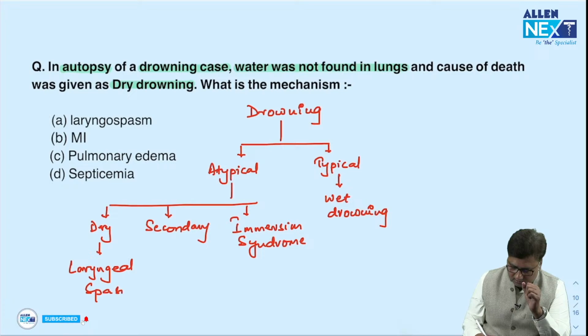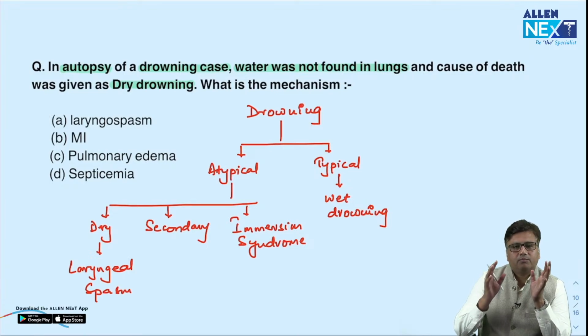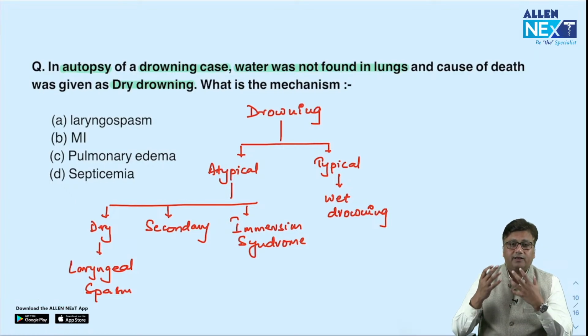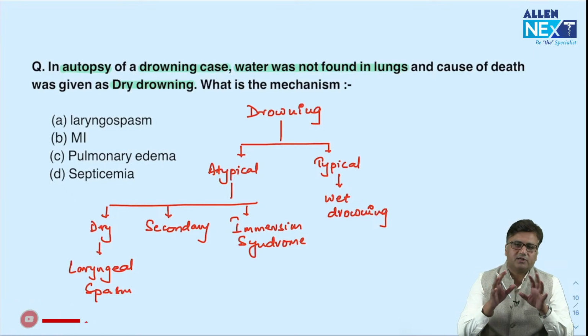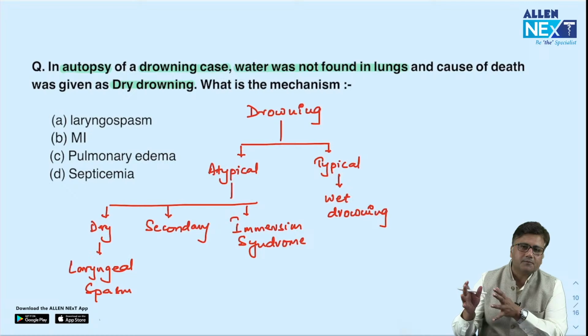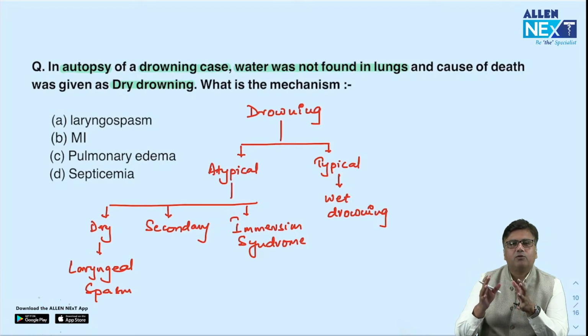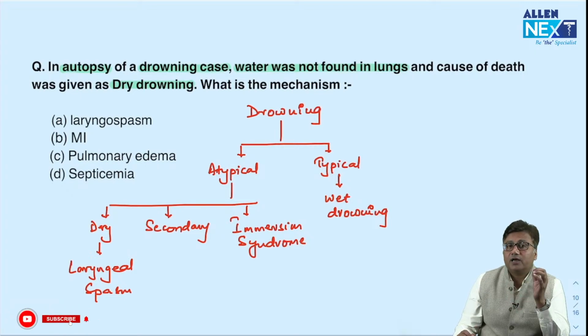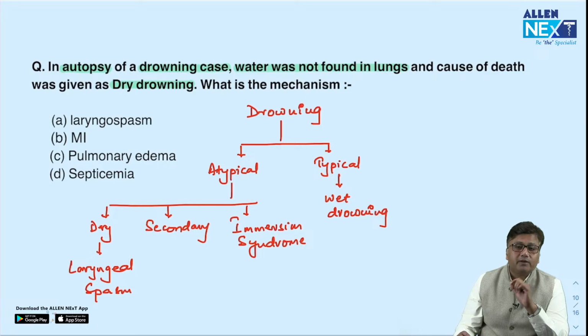laryngeal spasm. Secondary drowning, पर्सन पानी में गिरा बट और वो वाटर इनहेल भी कर रहा था, बट उसको किसी ने रेस्क्यू करके बचा लिया, उसको पानी से बाहर लाया, उसको थोड़ा सा रिसस्टेट किया, हॉस्पिटल में एडमिट करा दिया. ड्यूरिंग ट्रीटमेंट इन हॉस्पिटल्स ही डाइड ऑफ कॉम्प्लिकेशंस ऑफ ड्राउनिंग. रेस्पिरेटरी न्यूमोनाइटिस हो सकता है, पल्मोनरी एडीमा हो सकता है, सेरिब्रल एडीमा हो सकता है बिकॉज ऑफ वाटर एंटरिंग इनटू लार्ज क्वांटिटीज इन हिज सर्कुलेशन. तो यहाँ पर the death is happening not because of the acute effect of drowning, but it is happening because of complications of drowning.